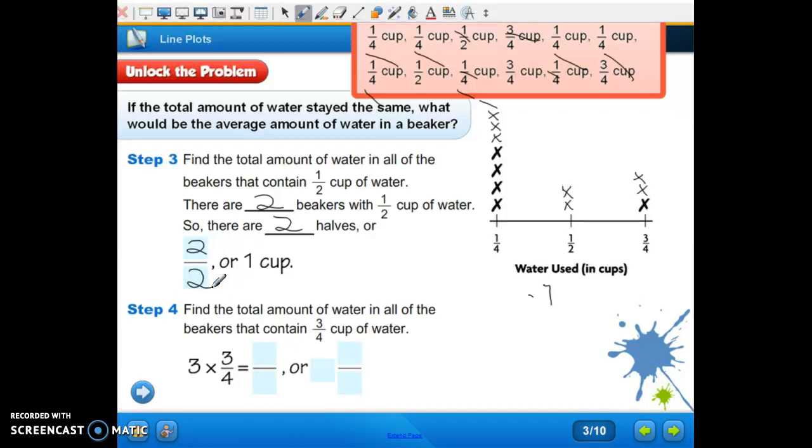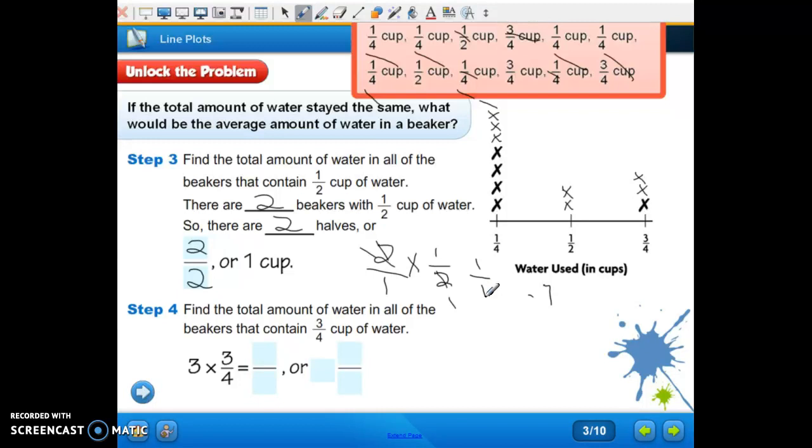If we want to look at that in math terms, we would have 2 times 1/2. We'd have 2 over 1. We could cross reduce. 1 times 1 is 1, 1 times 1 is 1, and 1 over 1 is the whole number of 1.